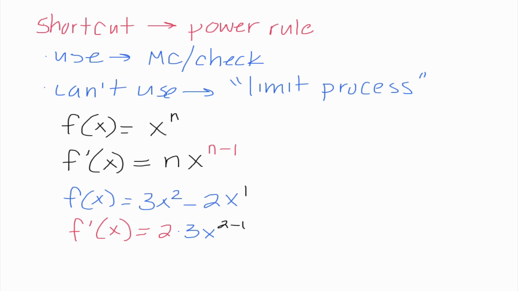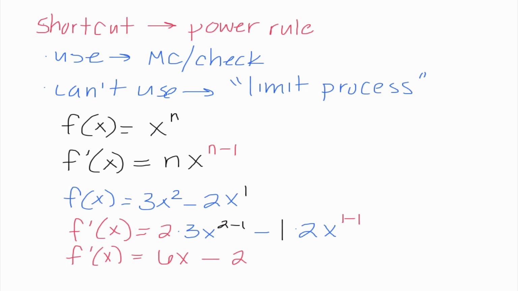So I would go ahead and do minus 1 times 2x to the 1 minus 1 power. So if I'm going through this then, I would say f prime of x equals 6x minus 2. And the way that we get this, okay, I know x to the 0 power is just 1. So negative 1 times 2 times 1 just becomes negative 2. So if we look, we're just bringing the exponent out in front and multiplying, dropping this by 1.